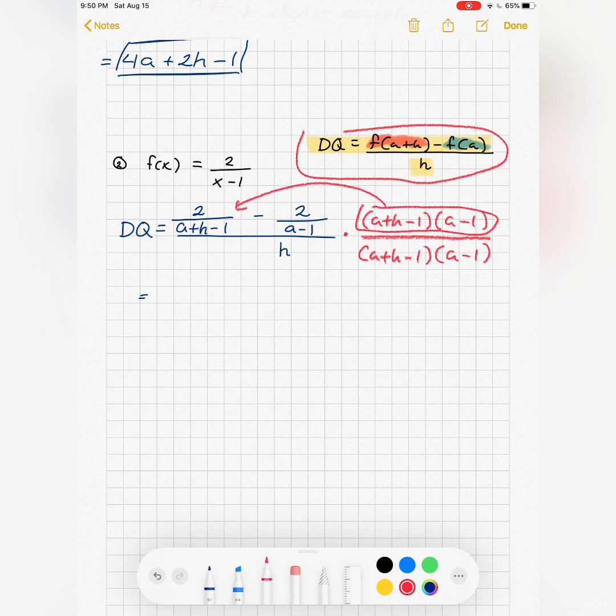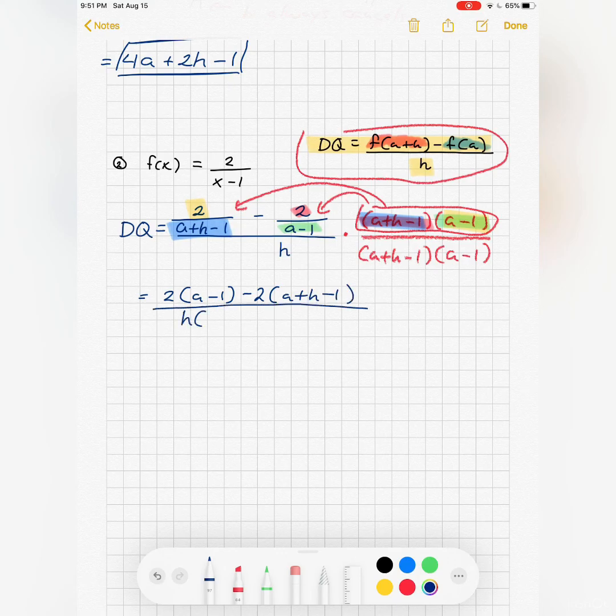When I distribute this here, this cancels with this, so that'll just leave me the 2 and the a minus 1. In the second fraction, this cancels that, so that will just leave me the 2 and the a plus h minus 1.